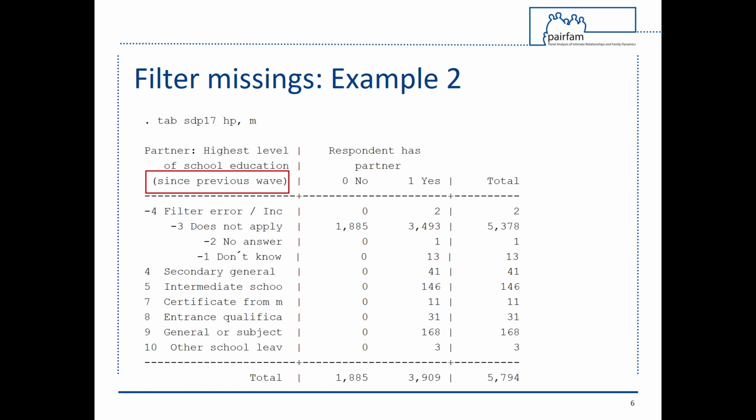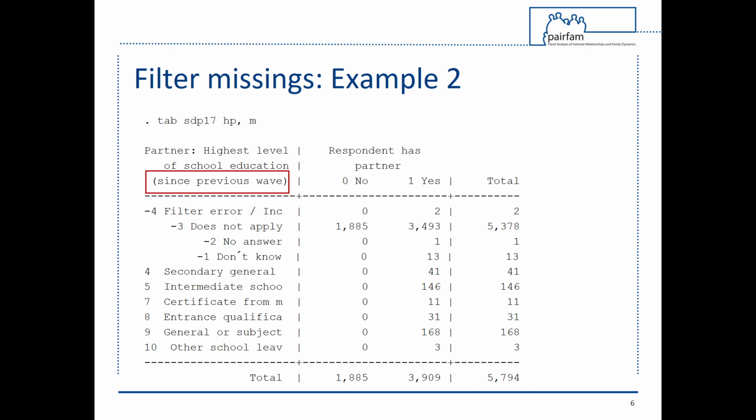If you read the question closely, you can see that the variable SDP17 asks for the highest level of school education since the previous wave. The filter is defined as follows: respondents with partner from previous wave, who received a school leaving certificate since the previous wave, or with new partner who received a school leaving certificate.